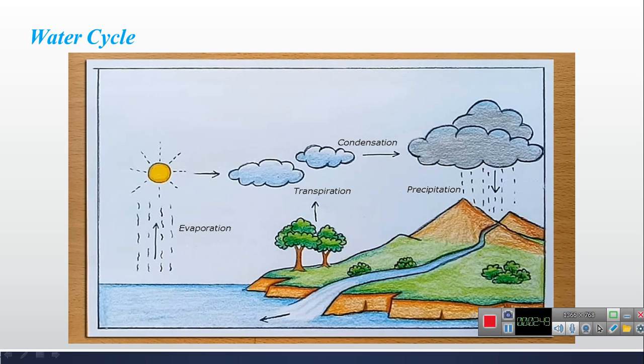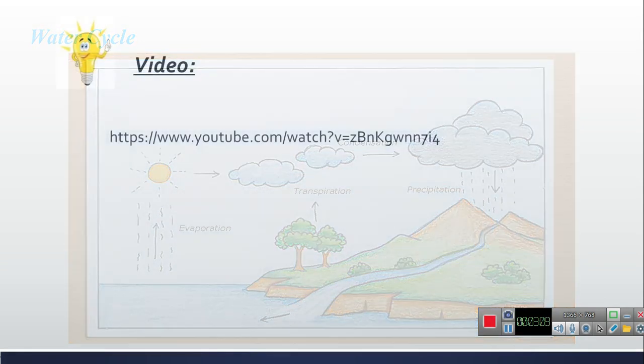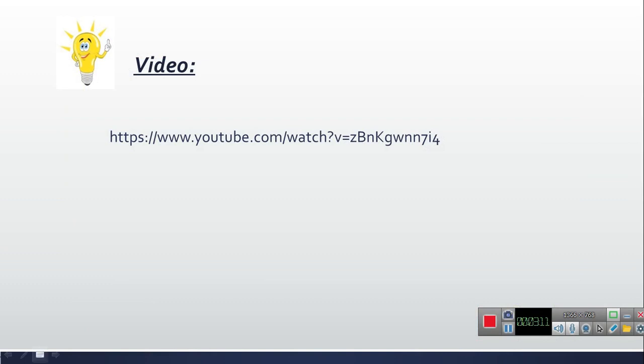It will fall down to the Earth in the form of rain, snow, sleet, and hail. This process is called precipitation. The water cycle will repeat again and again. Okay, now let's watch the video about the water cycle.